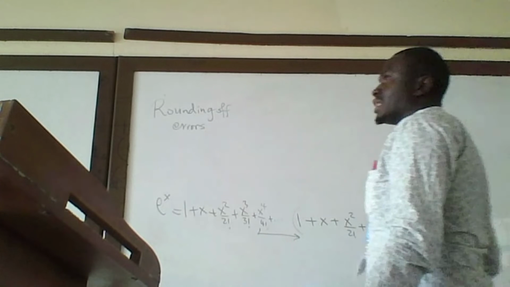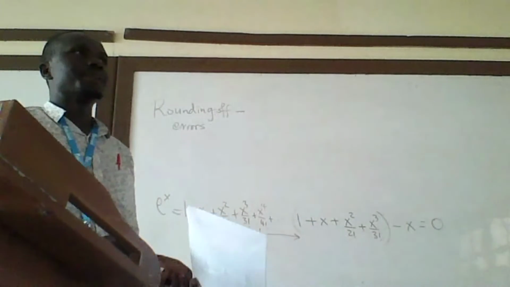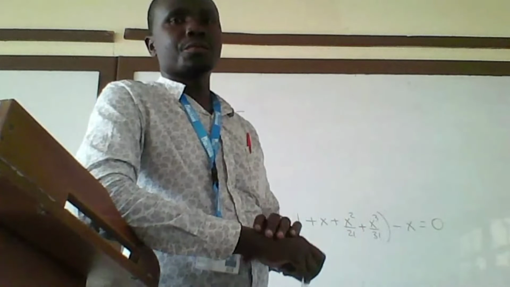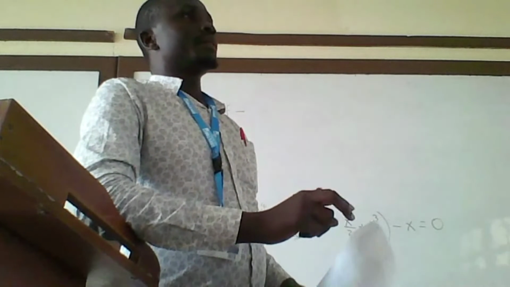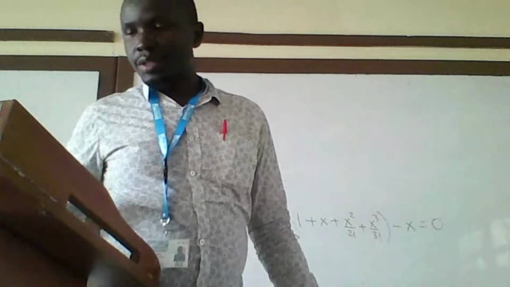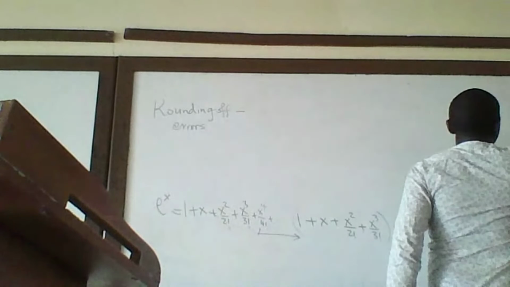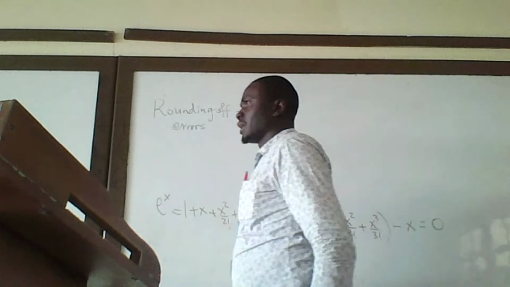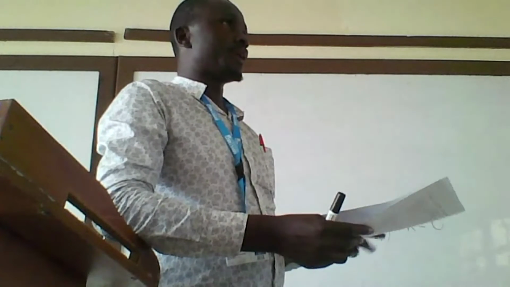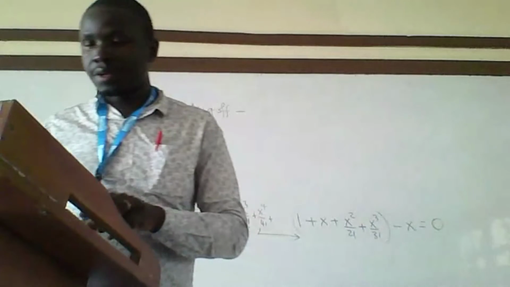For example, I write a hyphen and say, these are errors which result from using fewer digits of a number through the rounding off process.